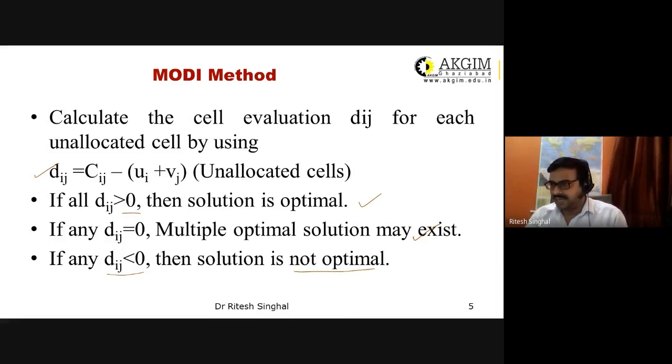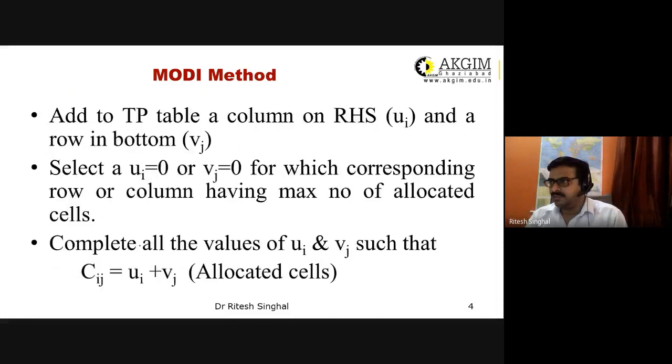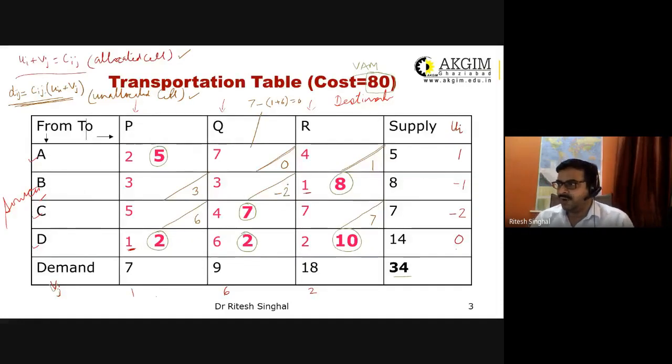In this particular example, you may find that one of the Dij is negative, that is minus 2. It means this solution is not optimal. We have to make it optimal. So this is the first step where we see that our existing solution is not optimal.